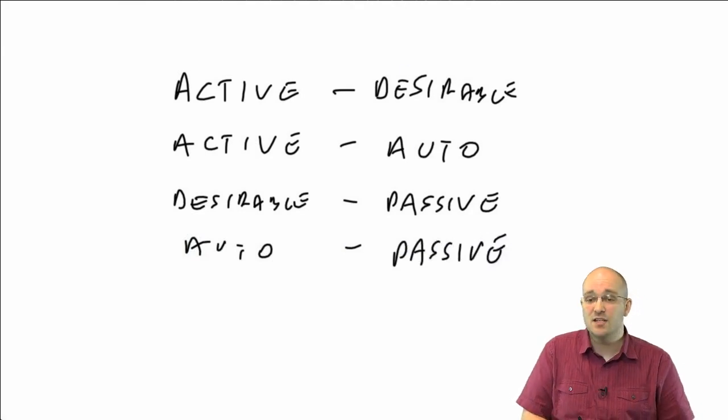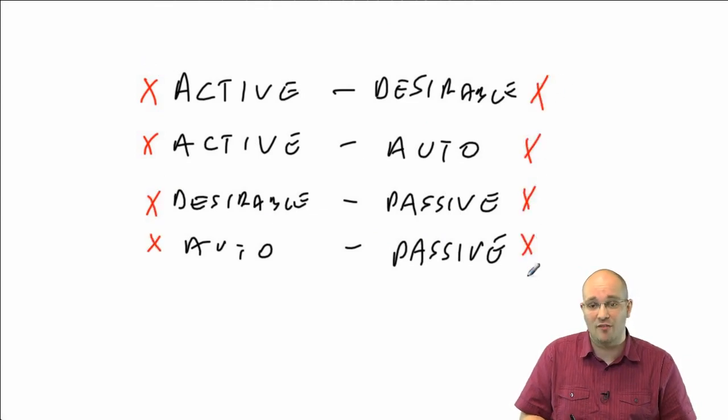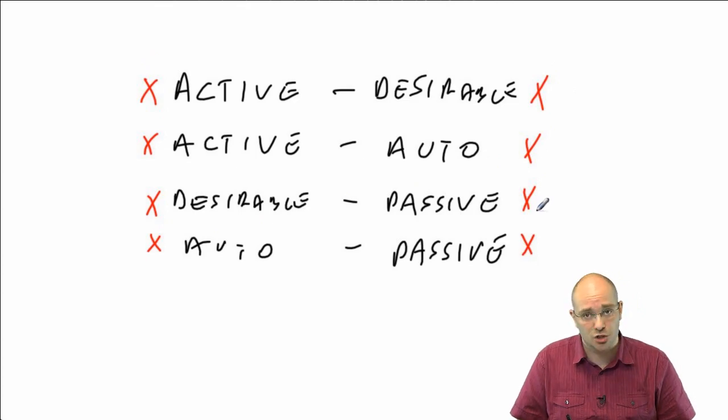Even though these are designed to accomplish the same thing, by these I mean LACP and PAgP, they cannot talk to each other. So in all of these cases, we are going to have inoperational EtherChannels.